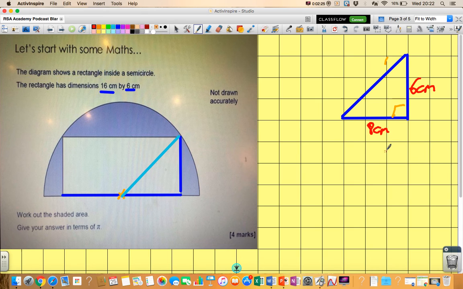So by Pythagoras, you may already have worked out that has to be 10 centimeters, but we'll pretend that we don't know that. So if this is an exam question, it would be good to state Pythagoras: a squared plus b squared equals c squared. We do the substitution, and obviously these are the shorter sides. This is the right angle, that's the hypotenuse, and I'll just call this c for the time being.